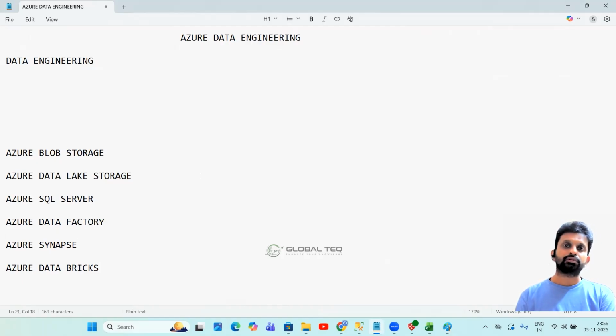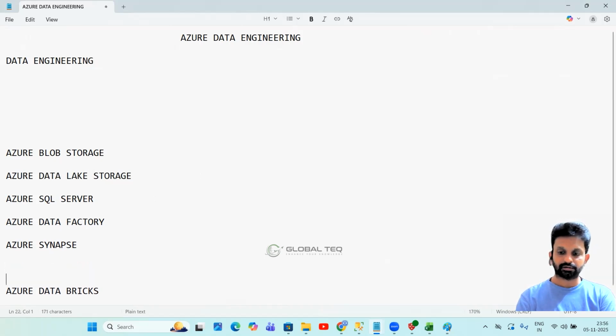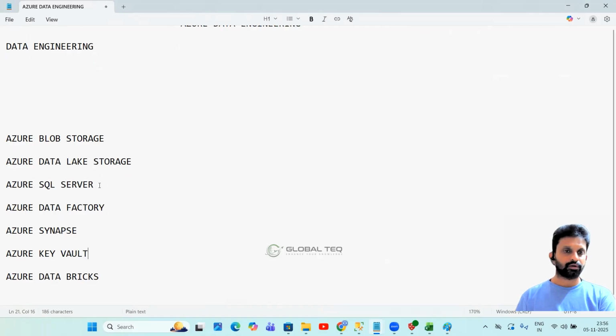In order to store the sensitive information, here we are going to use another service called Azure Key Vault. Okay, we are going to cover all these services.